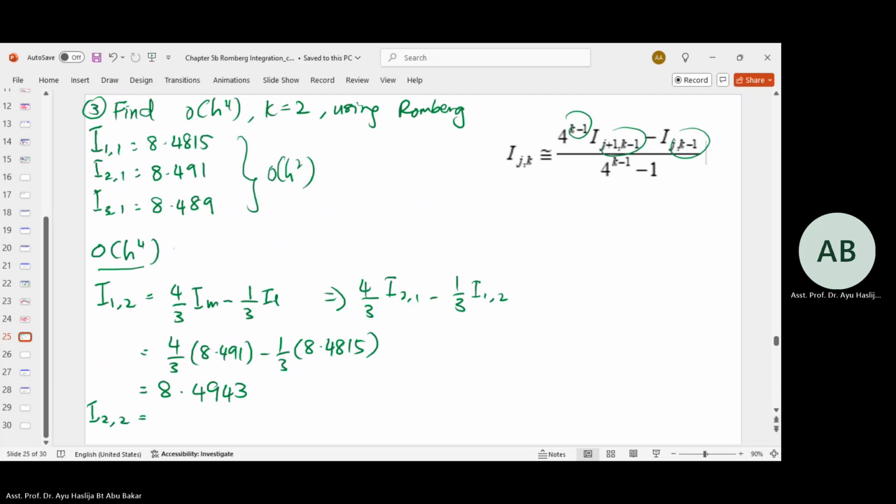Okay. For I22, what do you get? I22, we will need I21, I31.